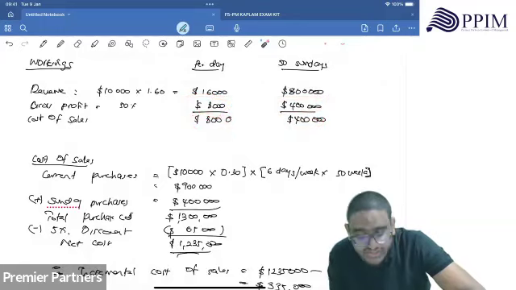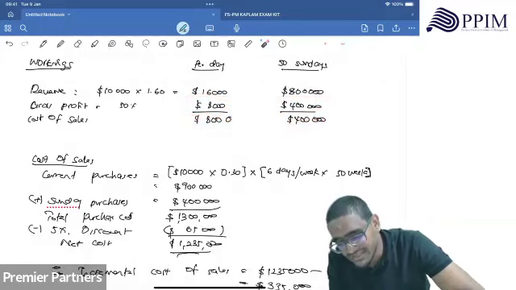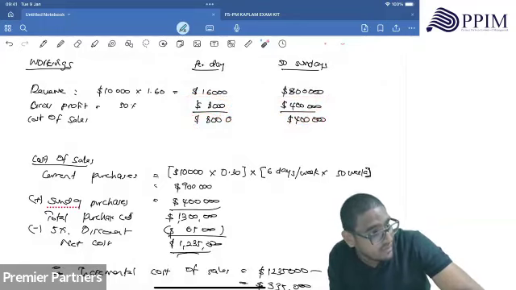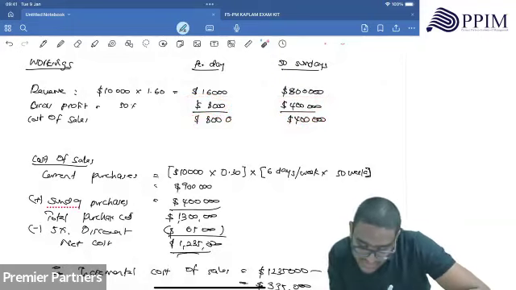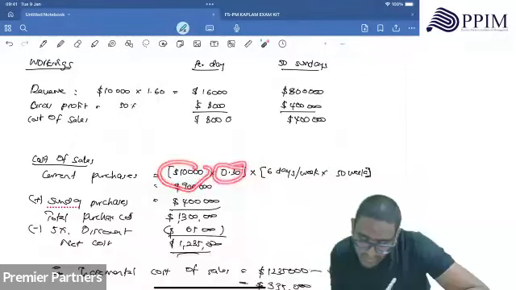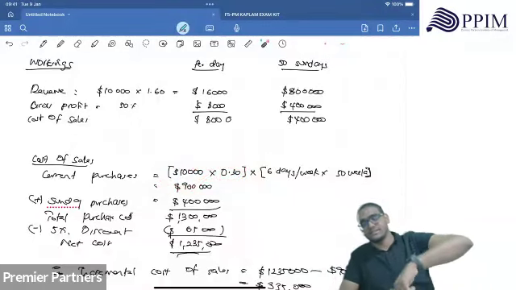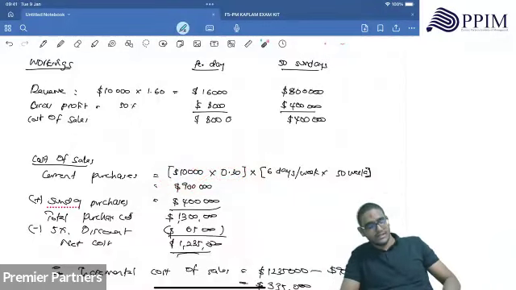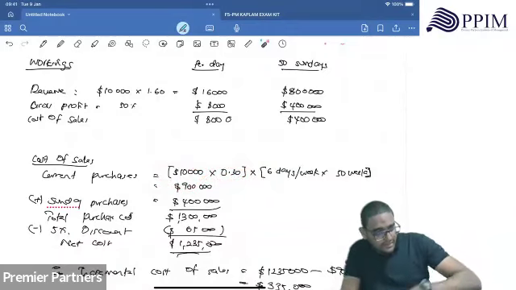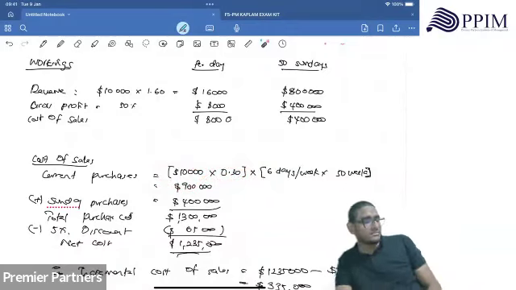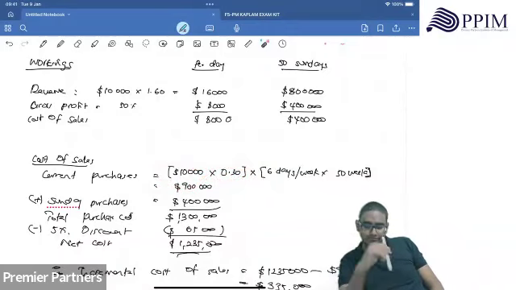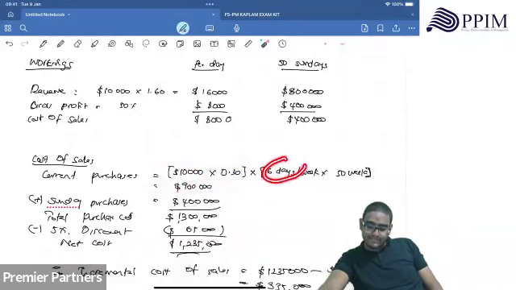Then if I look at cost of sales, I did a separate working because they're saying that you can get a 5% discount if you purchase more than 1 million. So current purchases, I calculated it as 10,000 into 0.3. Why 0.3? Because your gross profit is 70%, so your cost has to be 30%. Multiplied by 6 days. Why 6 days?